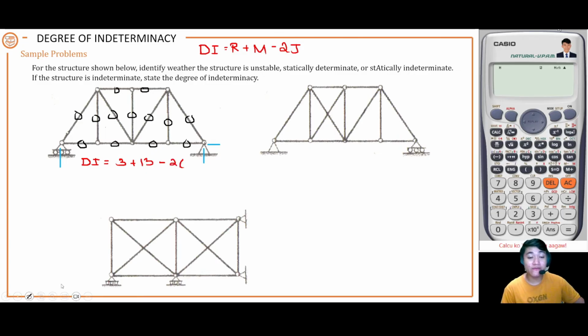So let's calculate the number of joints or the number of connections. This one is also a joint, including the point of support. Joint number 1, 2, 3, 4, 5, 6, 7, and then 8 joints. We have a total of 8 joints.